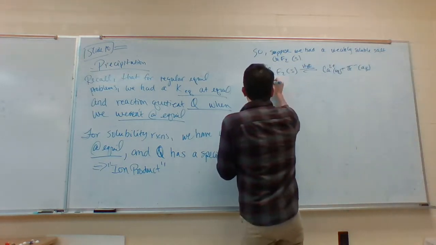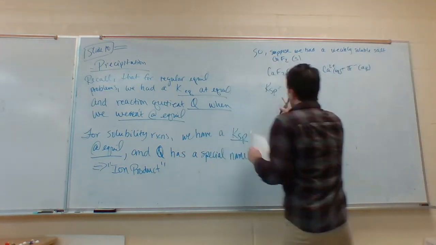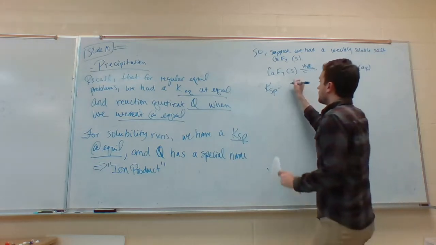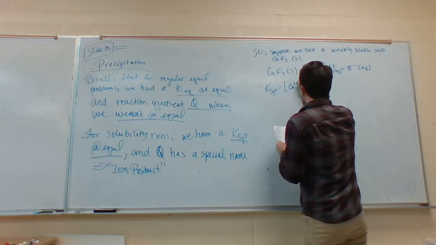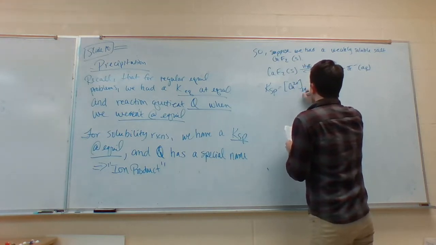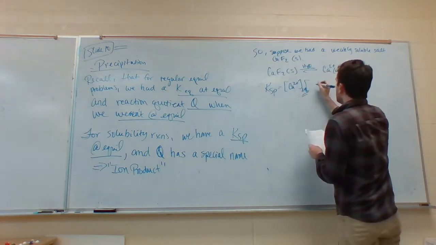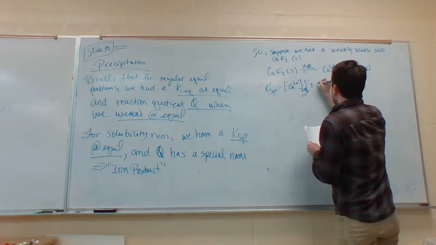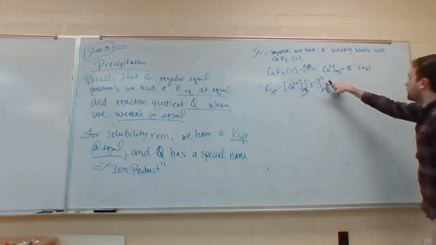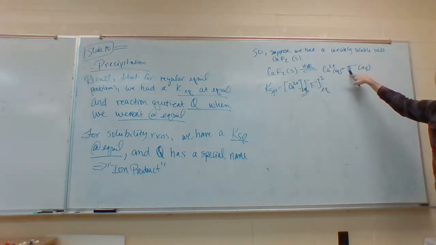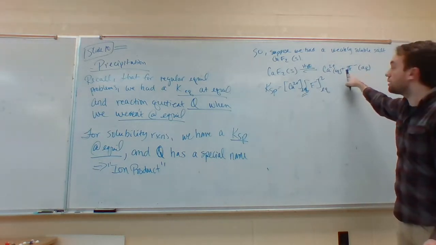So if we were to write our Ksp for that particular reaction, it would be the Ca2+ concentration at equilibrium times our fluoride ion concentration at equilibrium squared, because we're using our stoichiometric coefficient.